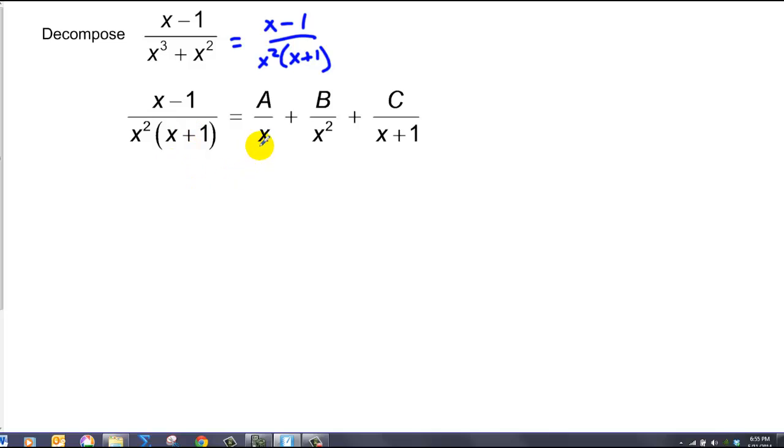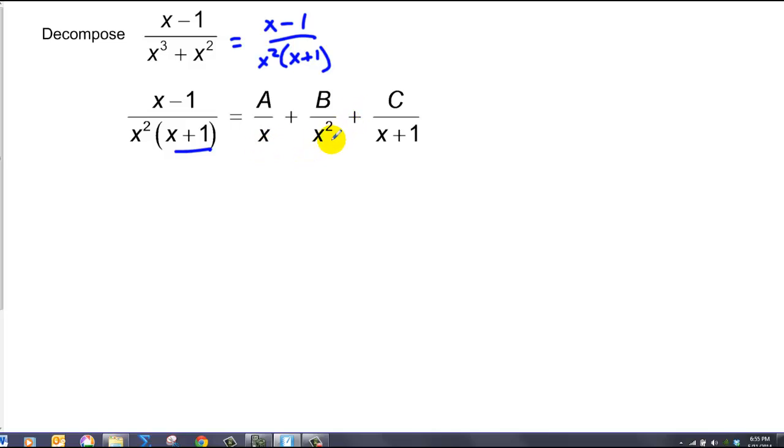So I have a linear factor of x, my repeated factor of x squared, and then my non-repeating factor of x plus 1. Notice I'll have 3 constants in the numerator. Once again, x squared, although it looks like a quadratic, is a repeated linear factor.